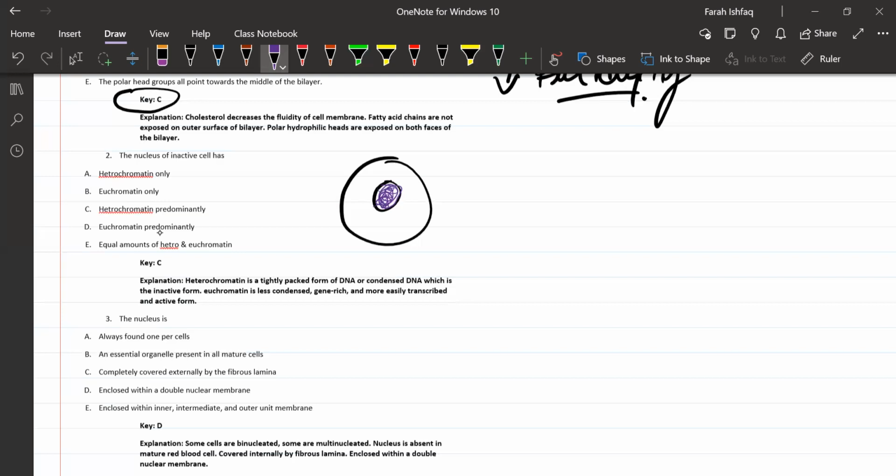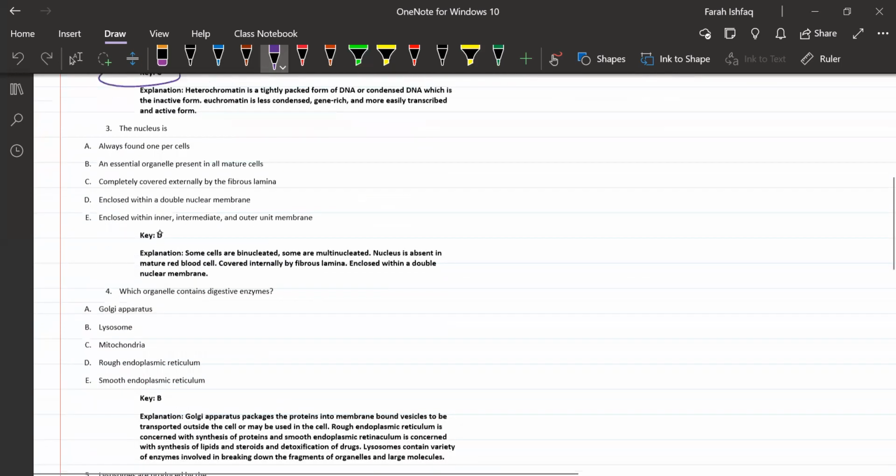Euchromatin means the cell is actively taking part in protein synthesis. Heterochromatin predominantly. So the answer is C. Some euchromatin is also present, but heterochromatin predominates in the nucleus of an inactive cell.